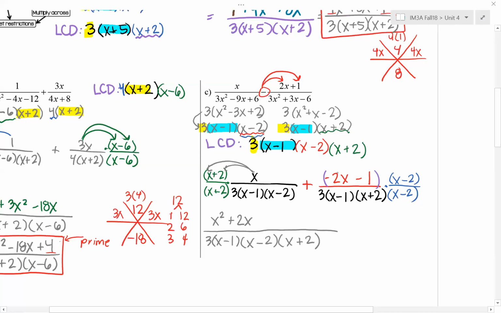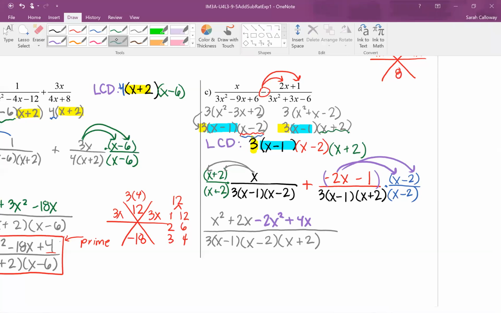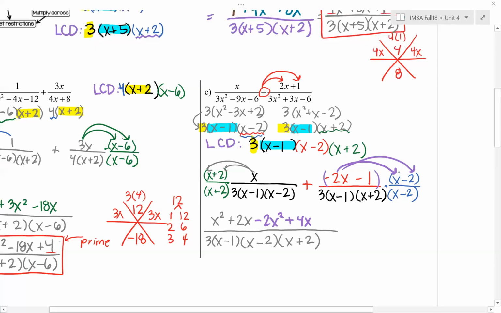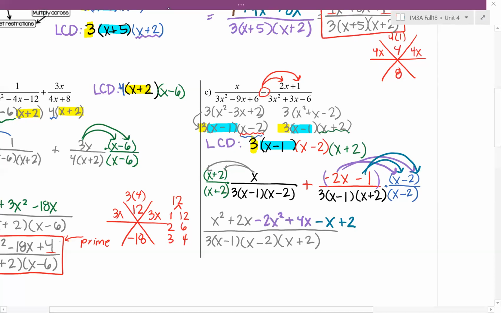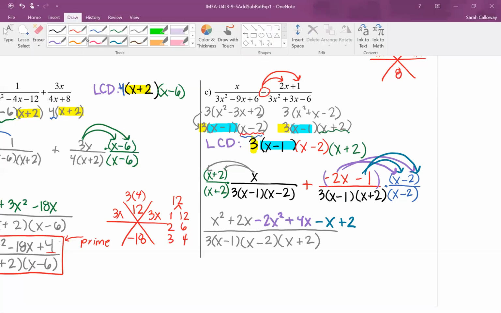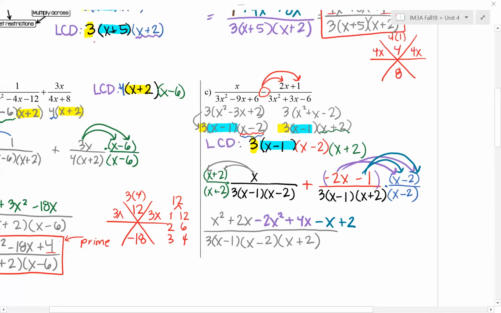So let's start by multiplying the negative 2x times the binomial. So I'm going to have negative 2x times x is minus 2x squared, and then negative 2x times negative 2 is plus 4x. Next, we want to multiply the negative 1 times both parts. So negative 1 times x is minus x, and negative 1 times 2 is plus 2. And so we want to simplify by combining our like terms here.